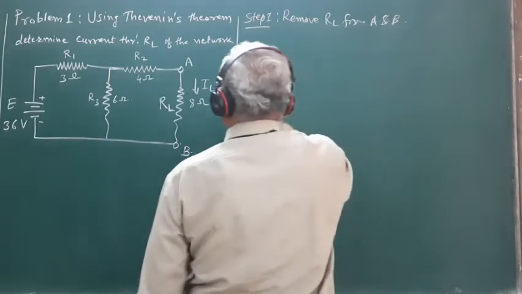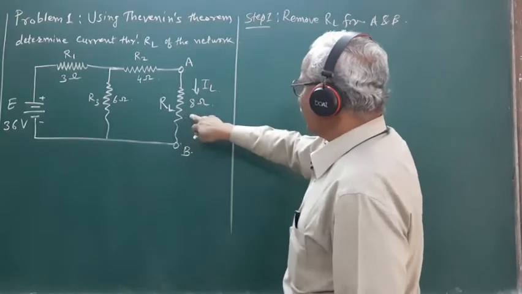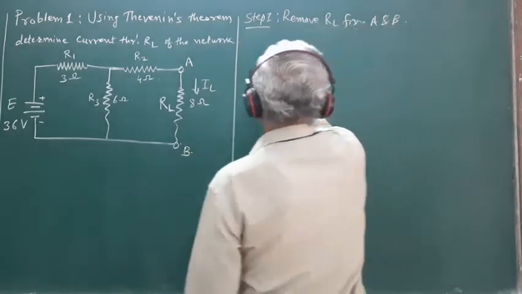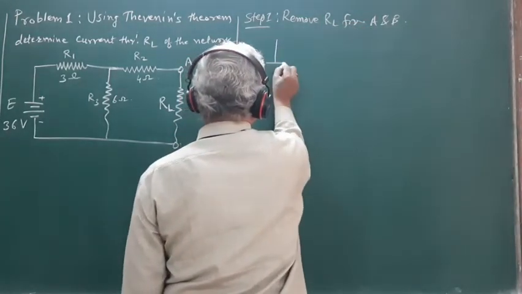After we remove the load resistance from terminals A and B, the network we get is of this type.